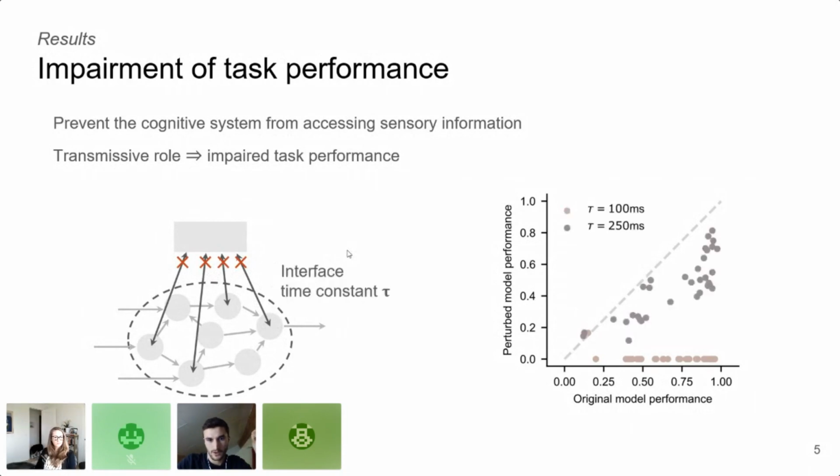To have that, what we did is to add some constraint to this interface. I'm not giving all the details, but the idea is that we added a bit of a delay to this interface. In that case, the whole model has an advantage to use the modules to solve the tasks.